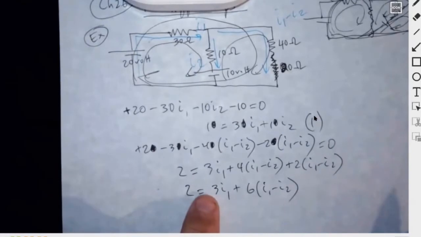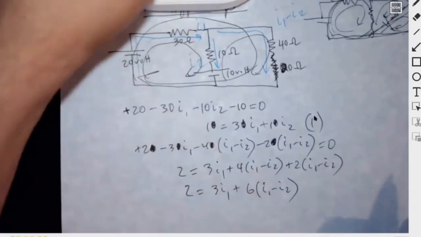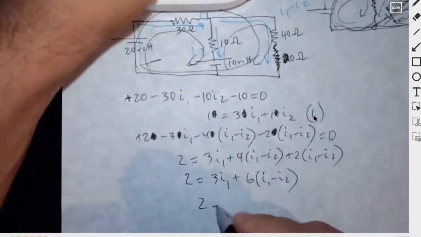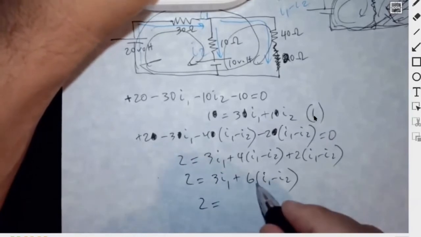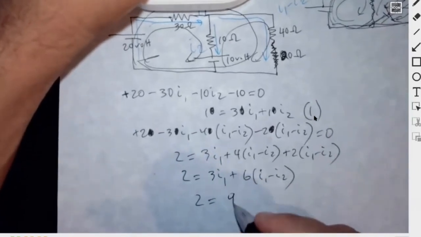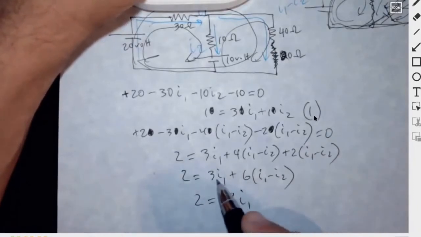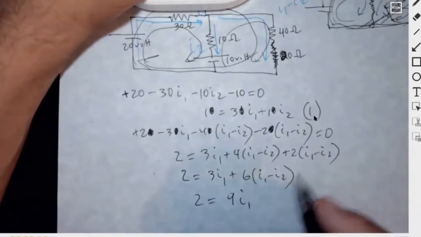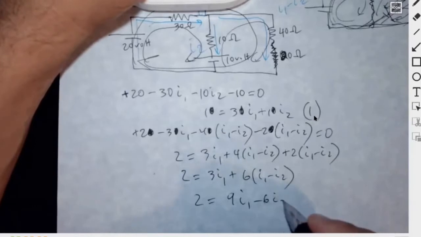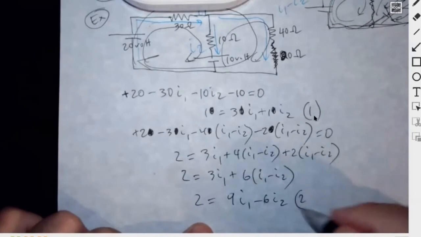Right, and then you're going to add these two. So it's going to be 2 is equal to 3 plus 6. That's going to be 9I1. Okay, 3 plus 6, 9I1. And then the 6 distributes here, negative 6I2. Okay, so this is my second equation.